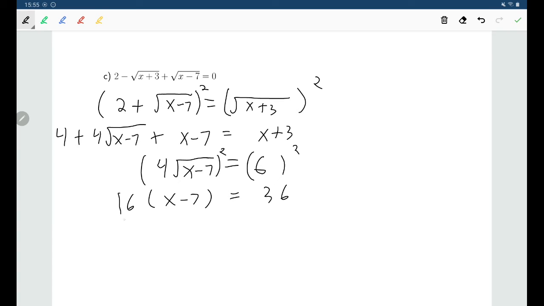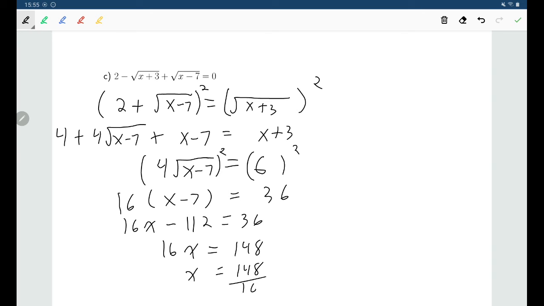And now I just need to solve for x. 16 times x, 16 times 7, and I solve and I find that x is 148 over 16, which is the same thing as 37 quarters. There we go.